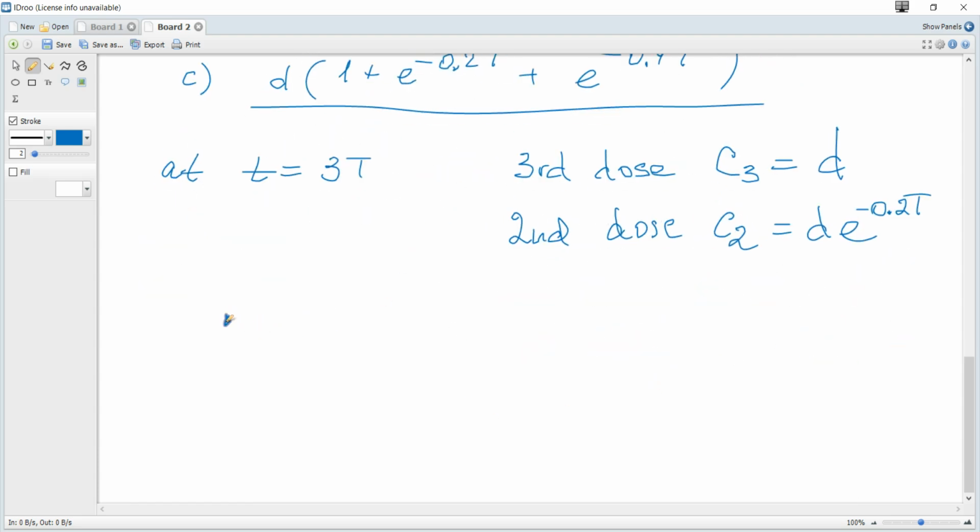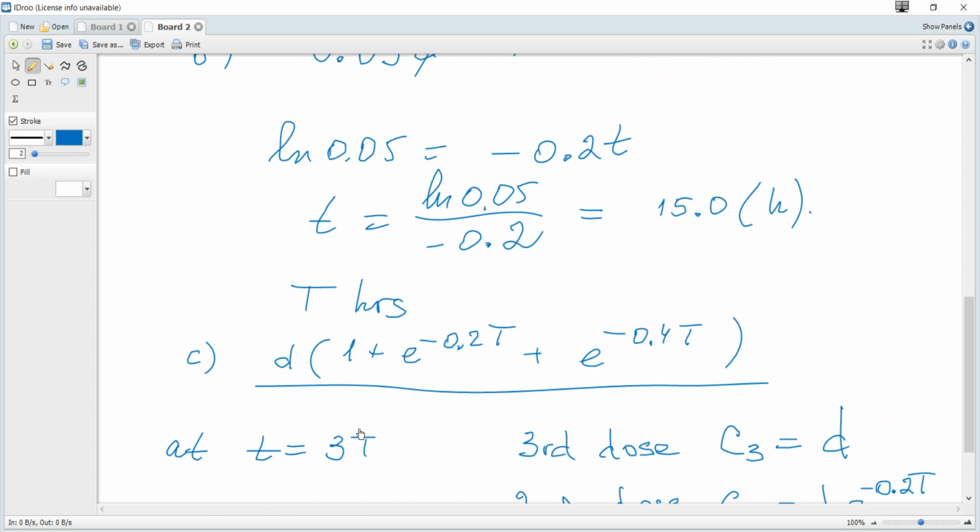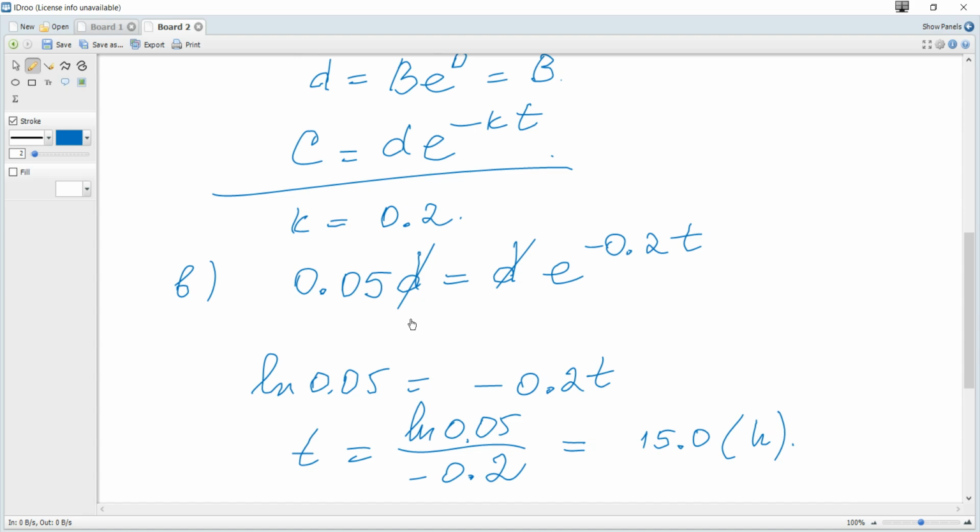Because the first dose is D, and after a time interval of T, the second dose is taken, which is also D, but from the first to the second dose the time interval is T, and the dose decreases according to this formula.